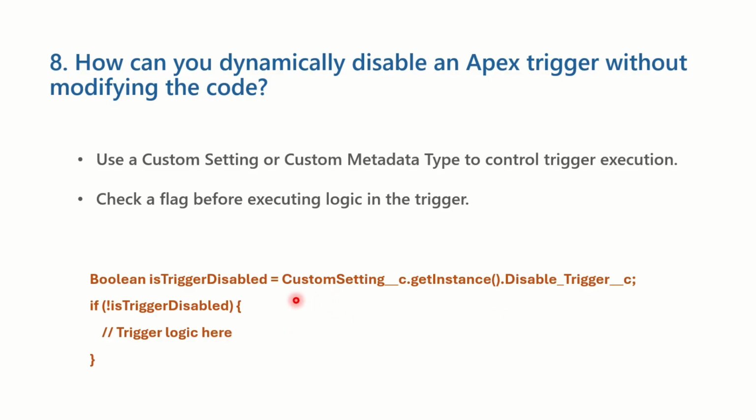You just have to go to custom setting or custom metadata and create a boolean variable, and make sure to check it before running the trigger, and then your trigger will be indirectly disabled or deactivated. It will still be active, it will still be triggering, but the logic will not get executed. In this way you can dynamically disable it without touching the actual Apex trigger.